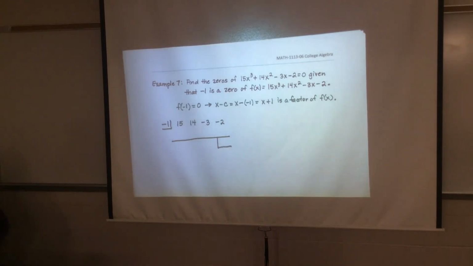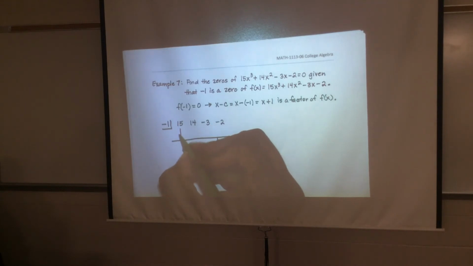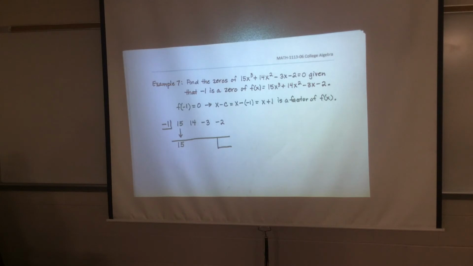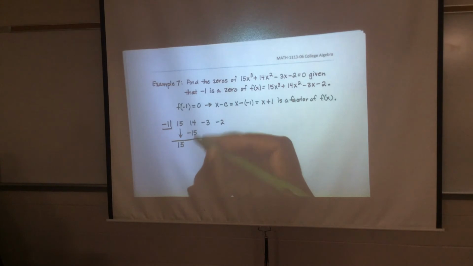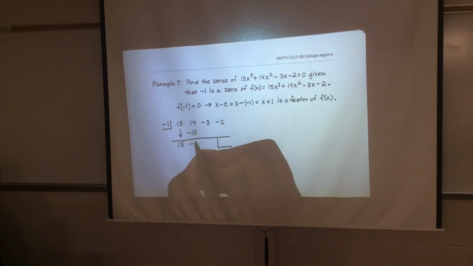And here we're going to use our synthetic division process. So we're going to bring down the 15, which is our leading coefficient, in the bottom row, and then multiply negative 1 times 15, which is negative 15. And then add 14 and negative 15 together, you get negative 1.